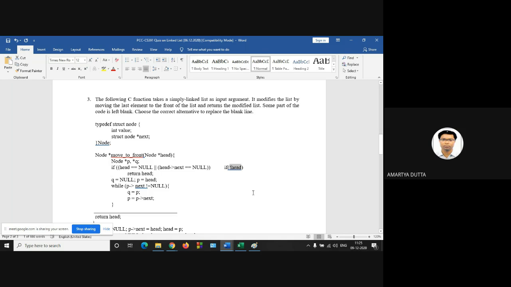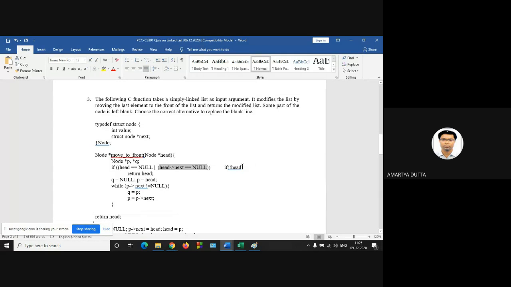If head is null, or your head's next position is null. It means the first part says your list is completely empty. The second part means you have only one element, and its next part is null.